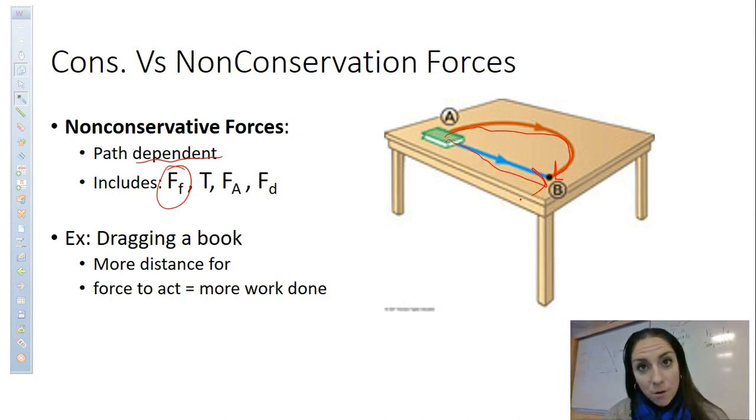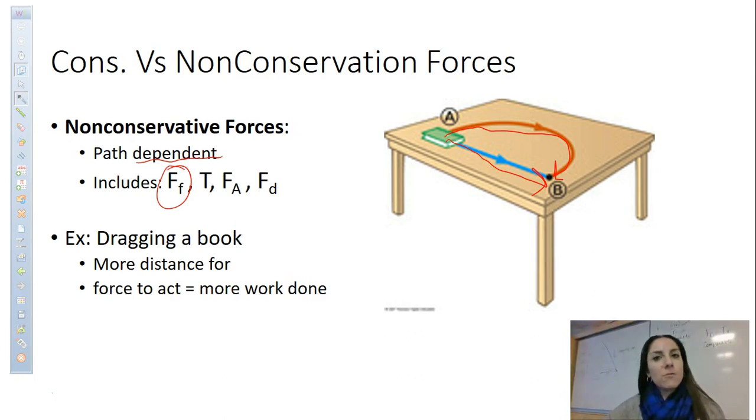I hope you notice that the red path is longer, which means that friction will take away more energy because it has a longer time in contact with the table, and therefore more energy loss, versus the blue path, which has less distance covered, which means friction will act for a lower period of time.